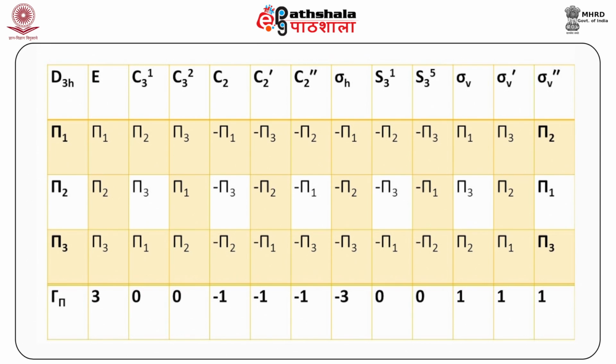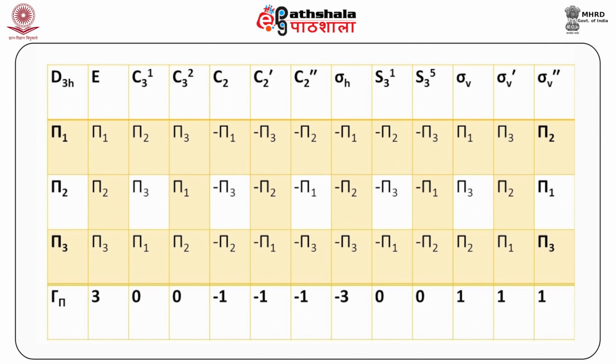If I take the effect of C3 operation, pi 1, pi 2, pi 3 are shifted to other pi orbitals. Pi 1 goes to pi 2, pi 2 goes to pi 3 and pi 3 goes to pi 1. Like this, we can study the effect of various symmetry operations on pi 1, pi 2 and pi 3.